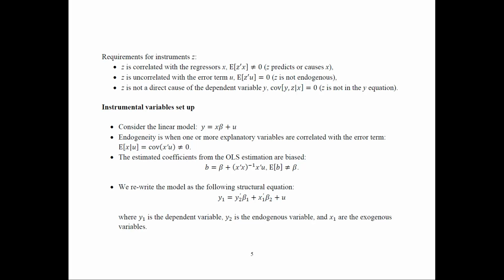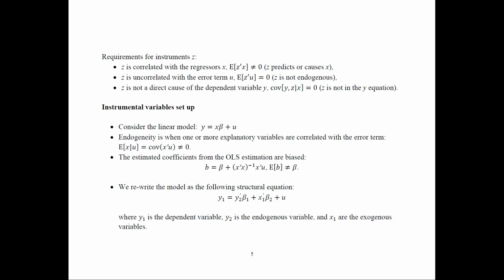The second requirement for a good instrument is that Z is uncorrelated with the error term. And here the expectation of Z prime U would be equal to 0. And this means that Z itself is not endogenous.